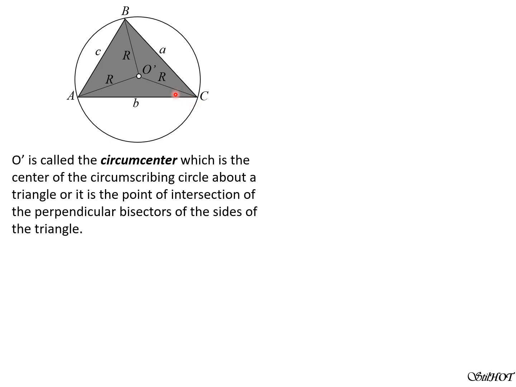So let's prove here that the central angle is twice the corresponding inscribed angle subtending the same arc. So let's have this demonstration here, and let's have a point on the circle called A, and this is supposedly the vertex angle of a triangle, or we can always inscribe a triangle in a circle.